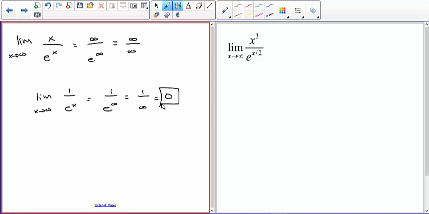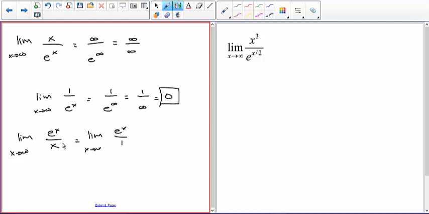So just because it has infinity involved, as long as it doesn't have infinity in both the numerator and the denominator, you're okay. If we had the ratio of e to the x over x, then the answer would be infinity. Let's just do that one. We can have zeros and we can have infinity. So the limit as x approaches infinity of e to the x over x would be the same as the limit of e to the x over 1.